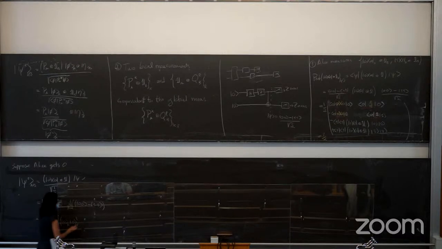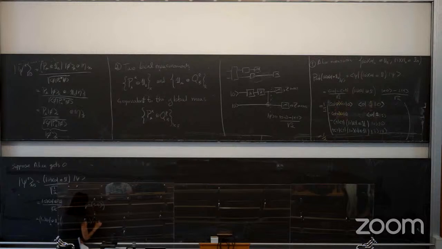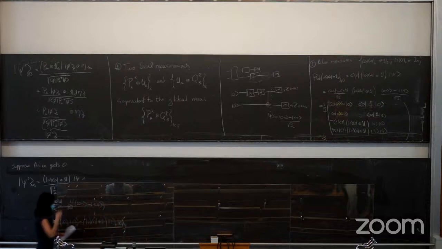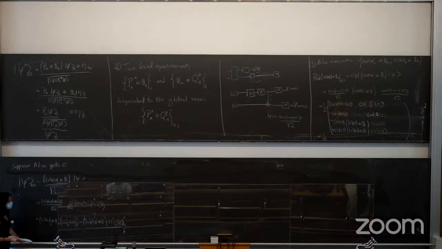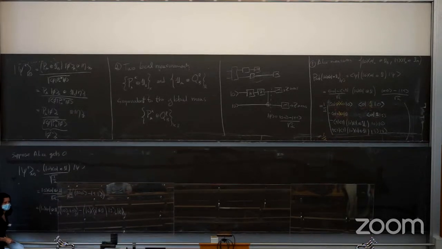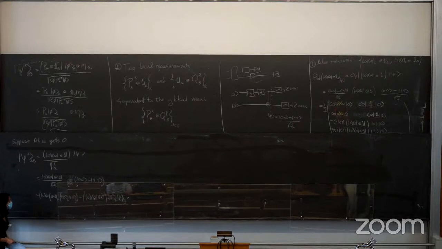Minus 0, 0, tensor the identity, acting on the second system. Can someone tell right away what the final state is here? From this? So you can think about it. I'll do it explicitly while you're thinking.